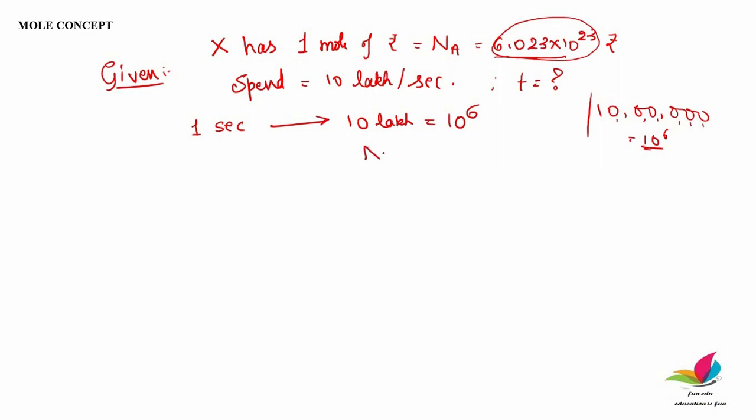So hence, to spend Avogadro number of rupees, what is the time required? You just have to cross multiply.